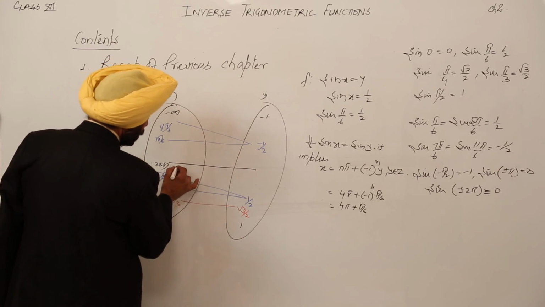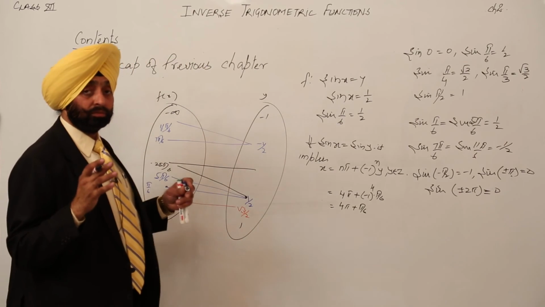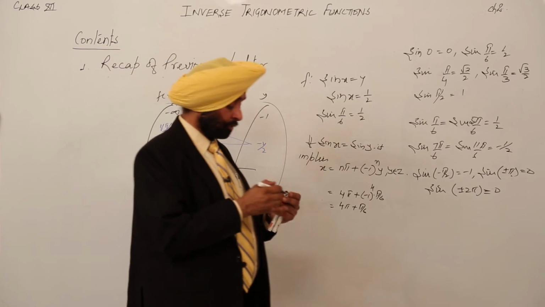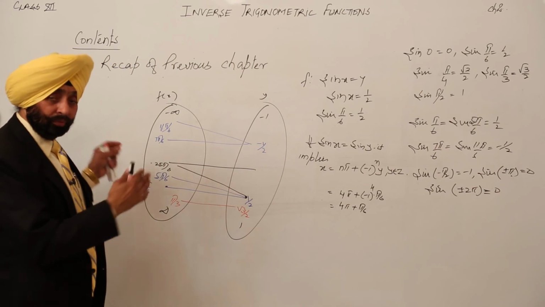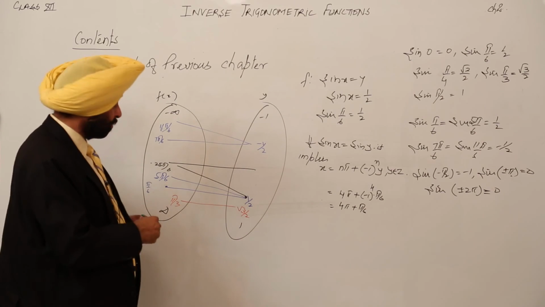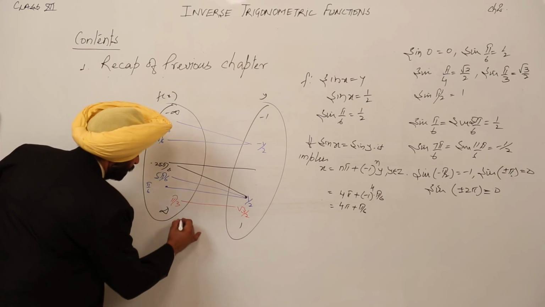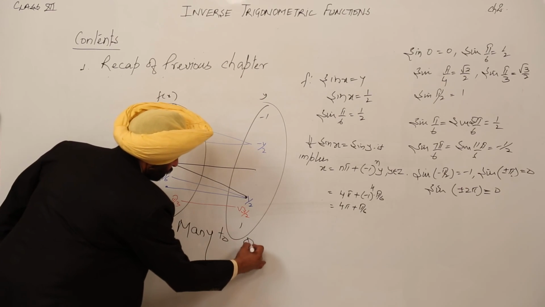So there are a number of values for each element of the range. Now what type of graph, sorry, what type of Venn diagram is this? This is many to one.